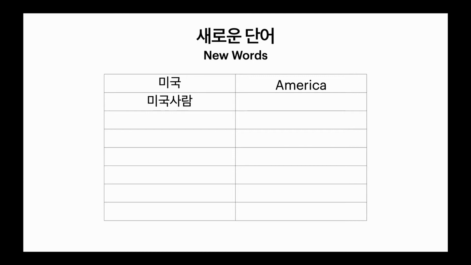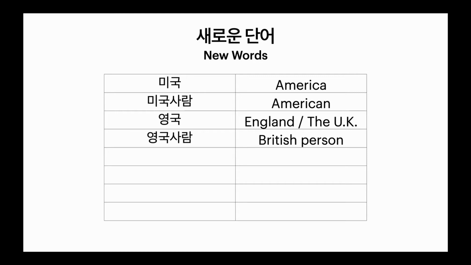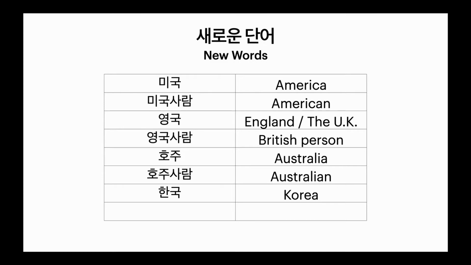And 미국 사람, American. 영국, England or the UK? 영국 사람, a British person, a person from England, a person from the UK. 호주, Australia. 호주 사람, Australian person. 한국, Korea. 한국 사람, Korean person.